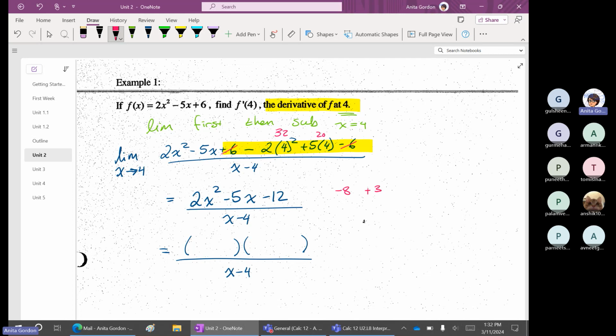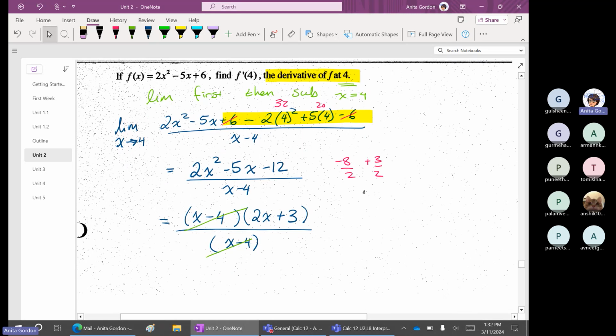I have a leading coefficient of 2, so I need to divide those two terms by 2. So this gives me x minus 4 and 2x plus 3 as my factors. Okay, that's wonderful because now I have a common factor that I can just delete here.